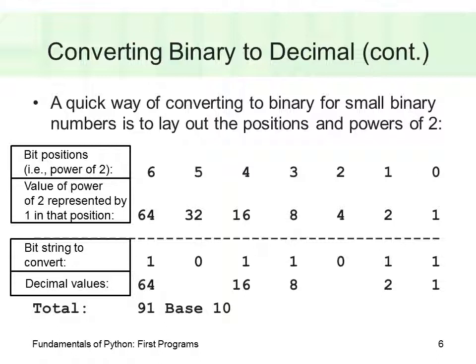So I go now and look for the highest power of 2 that can be represented by 3. 4 is too big, so anywhere it's too big, you just slide down a 0. I go to 2. Well, obviously there's a 2 in 3. So I put down a 1. 3 minus 2 leaves a remainder of 1.